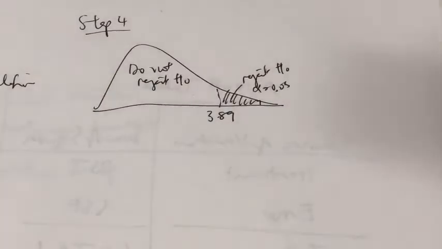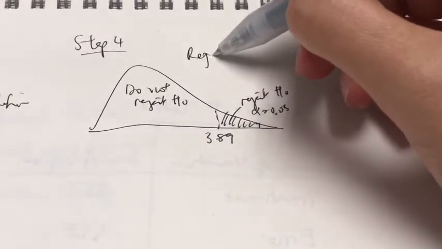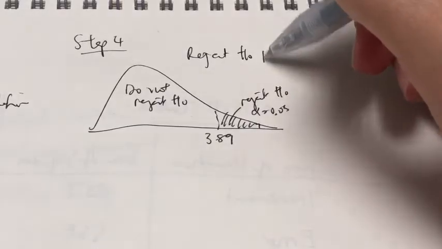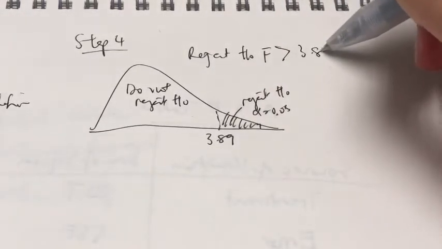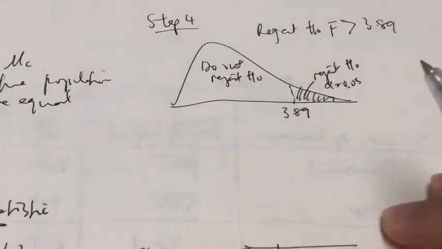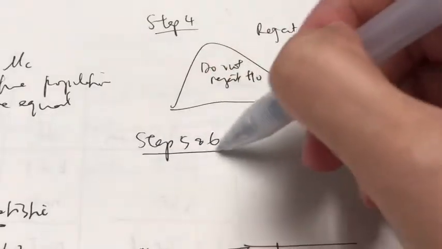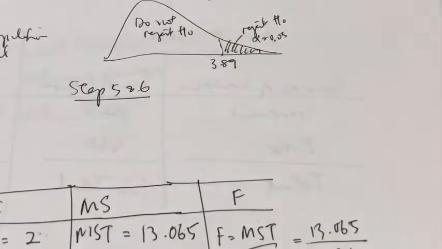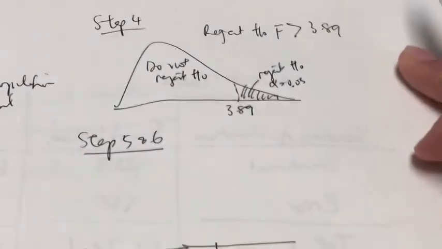Now that we have the critical value, we can write down our rejection rule, which is to reject the null if our F test statistic is more than 3.89. Okay, so step number 5 and 6, we just compare our test statistic just now, which is 13.51, against this rejection area.